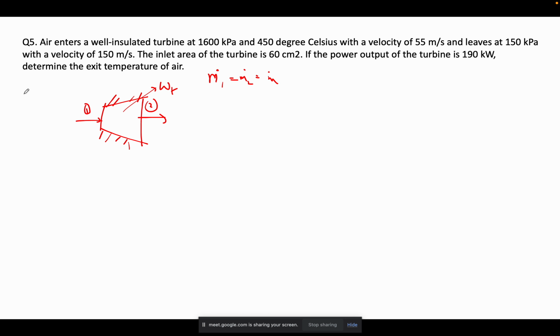Let us see what are the things that are given. P1 is given at 1600 kilopascal, so this is basically 1.6 megapascal. Then T1 is given as 450 degrees Celsius.